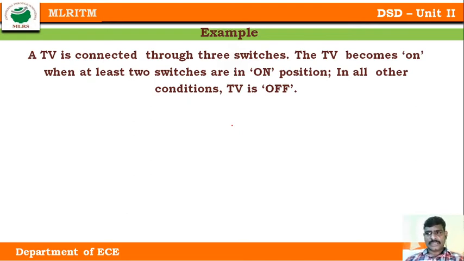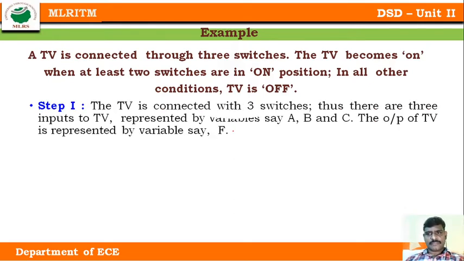So I need to design a circuit whose output is connected to the TV, and it has 3 switches, which means I have 3 inputs. When 2 switches are on, the TV needs to run. In all other conditions, the TV needs to be off. So let us design a combinational circuit for this particular problem statement.